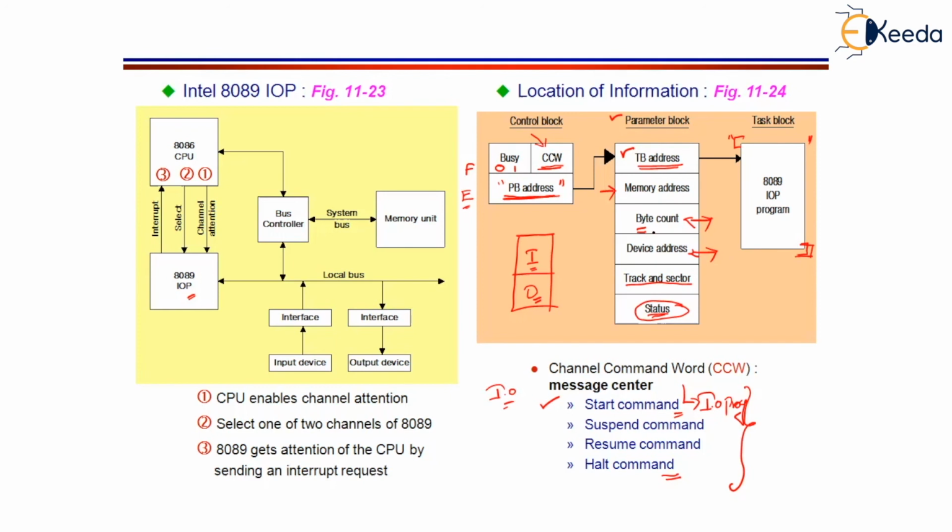Then the byte count, which tells you the total number of bytes that need to be transferred. Device address specifies to or from which device the transfer is initiated. The track and sector field is utilized for specifying a track and sector in the CD drive. Status is mostly used for errors. That is all about the 8089 IOP. Thank you.